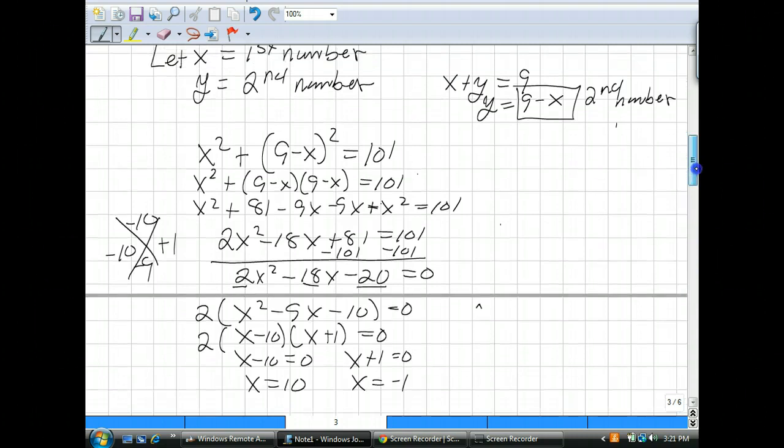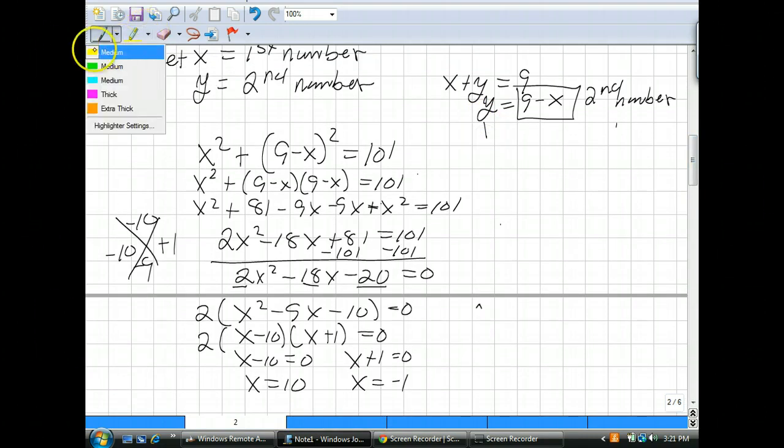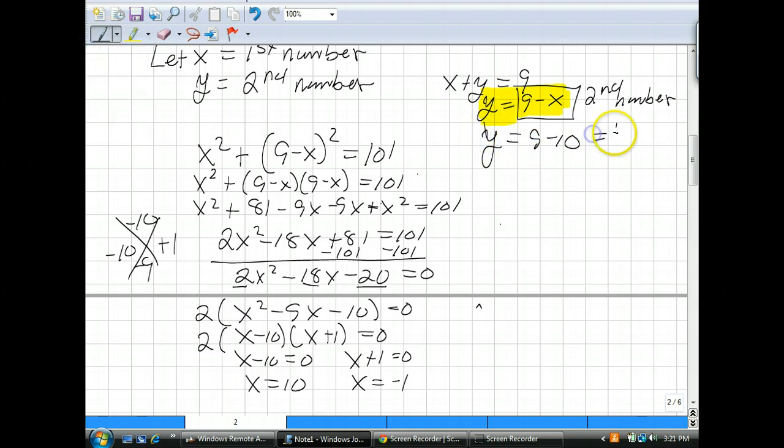Now, if x is 10, I want to find my y value. So I come back here, and if x is 10, then y has to be 9 minus 10, or negative 1. But if x is negative 1, then y has to be 9 minus a negative 1, or 10.